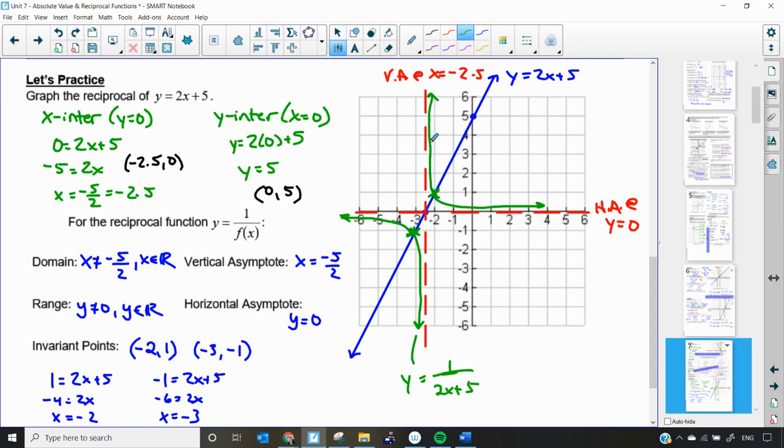Once we have our graph drawn, then our domain: x can't be negative 5 over 2, so that's our restriction, and y cannot be 0. For our asymptotes, x is equal to negative 5 over 2 and y equals 0. For our invariant points, remember that those happen at 1 and negative 1, so we just substitute those values into the original equation to find our invariant points, and then we can use the graph as well.